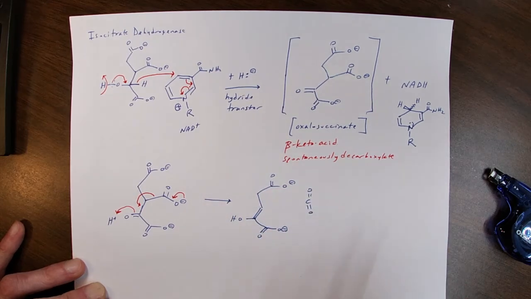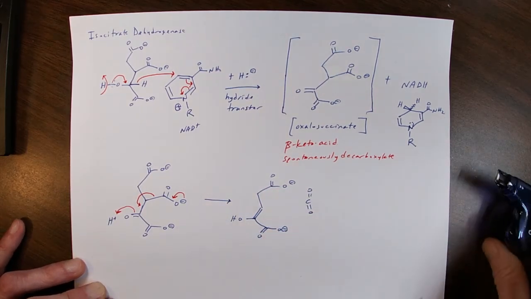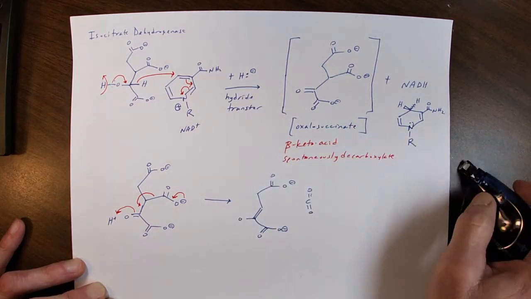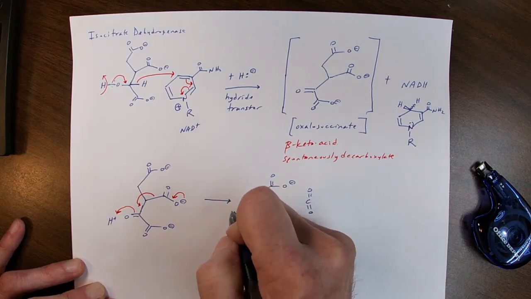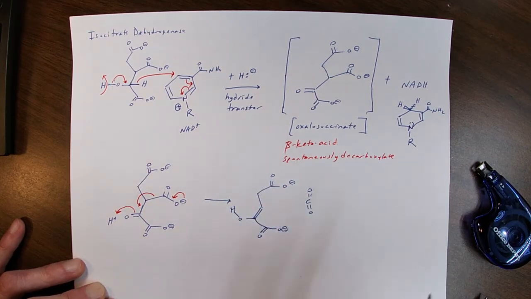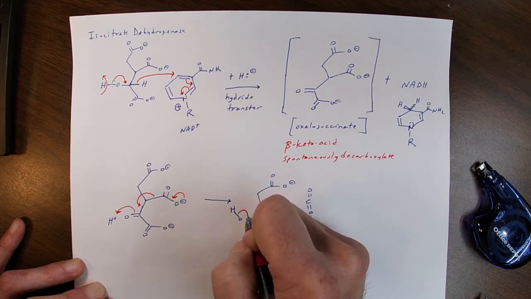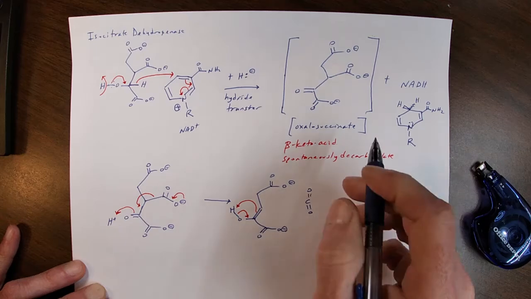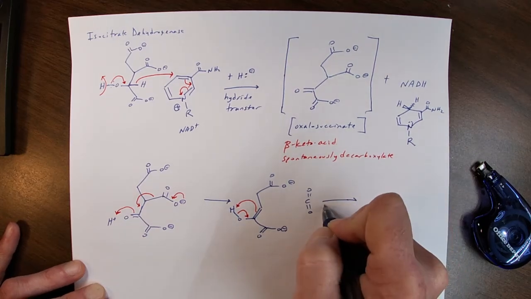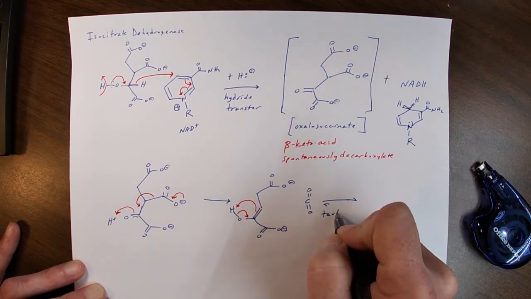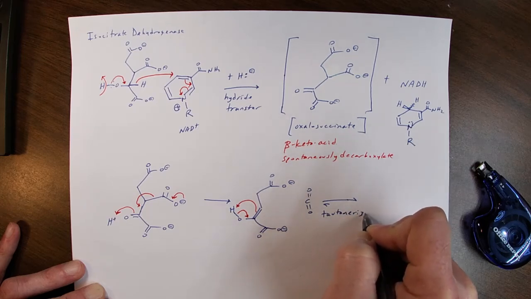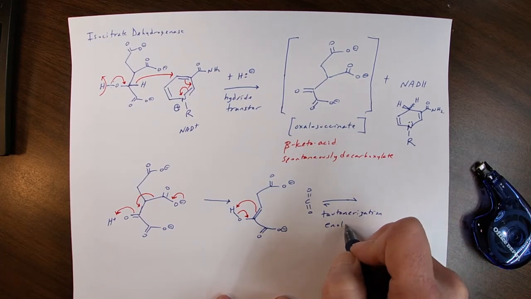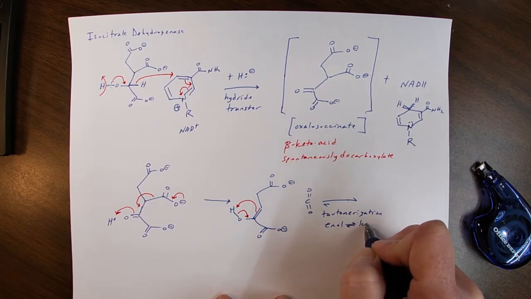So there's my carbon dioxide, and again, I bring this electron pair in and bring this pair out to pick up the proton. So this is my tautomerization of the enol to the keto form.